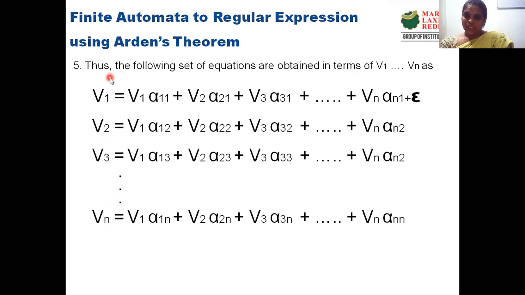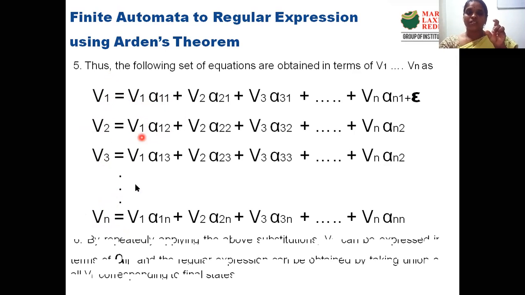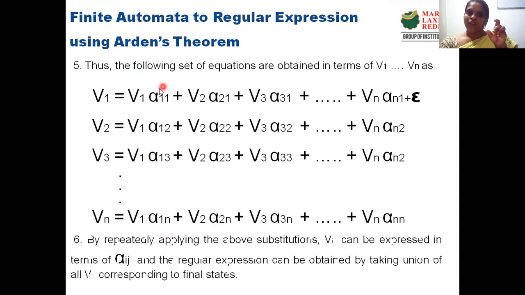Now, after obtaining all these V's, that is, the state representations in terms of combining the input state and the transition, we have to convert all these equations into the form of alphas, that is alpha ij, the transitions, where alpha ij denotes the actual regular expression.